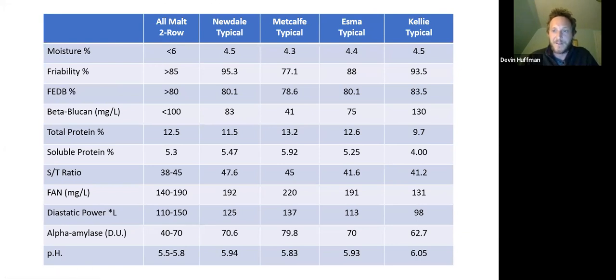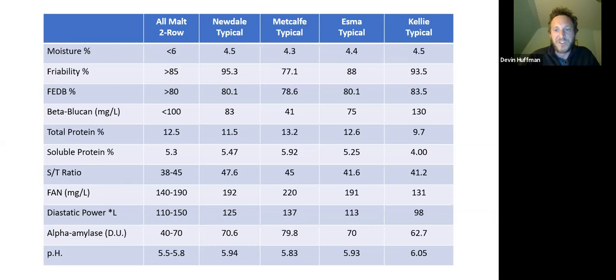And that's true with the low protein starting with it. The lower the protein in the barley, the lower the enzyme activity during malting and in the finished malt.